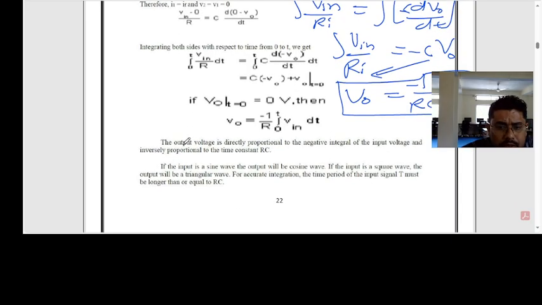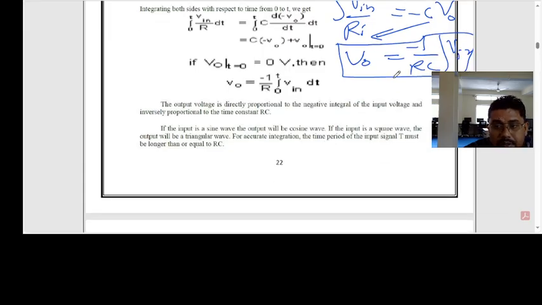So the output voltage is directly proportional to the negative integral of the input voltage and inversely proportional to the time constant RC. The output is directly proportional to 1 by RC, and to minus Vin.